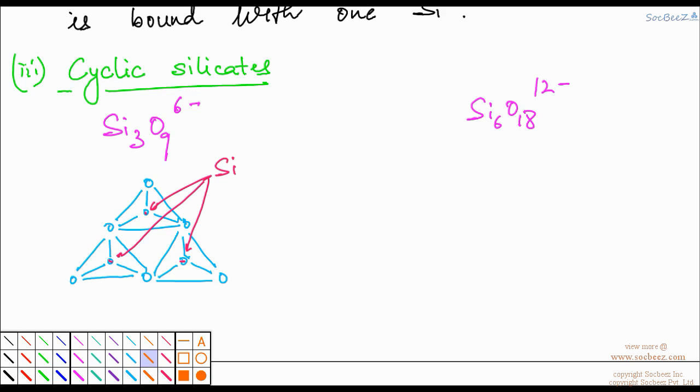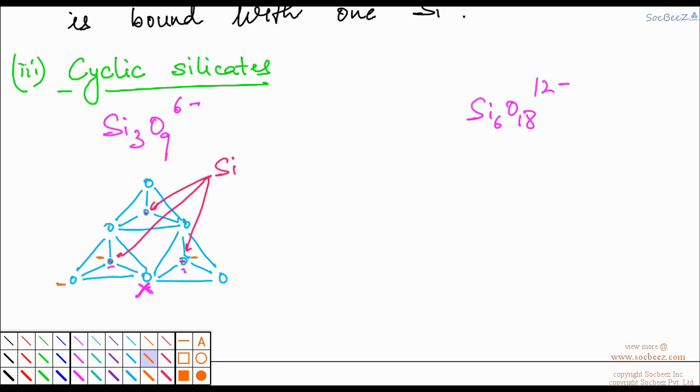Okay, and minus charges would be present on all those oxygen which are not bound to silicon. This is bound to just one silicon. This is bound to just one silicon. This is also bound to just one silicon. This is also bound to just one silicon. But this oxygen is bound to this and this silicon, so it won't have a minus charge.